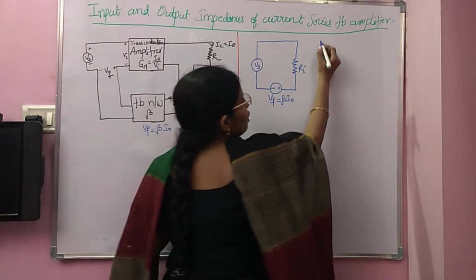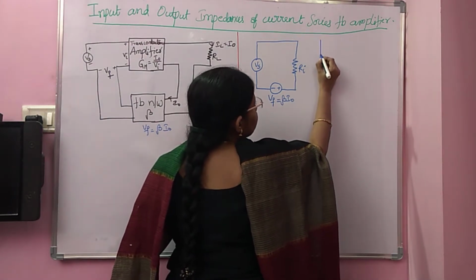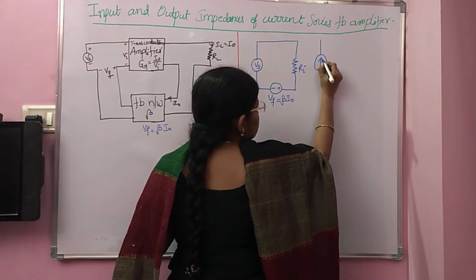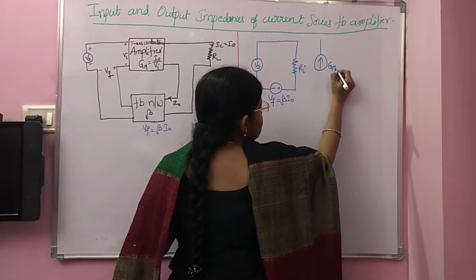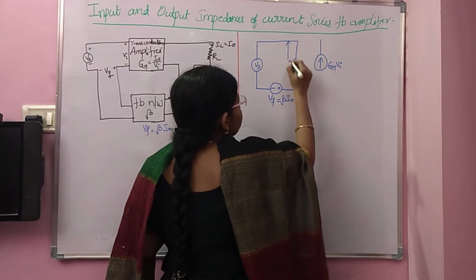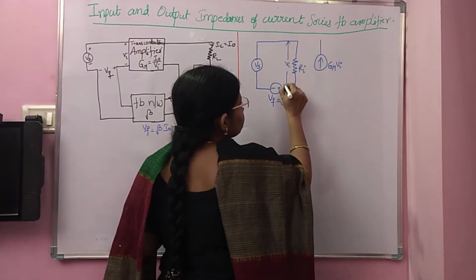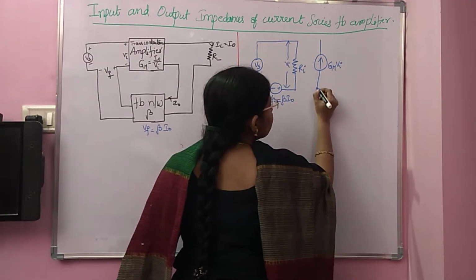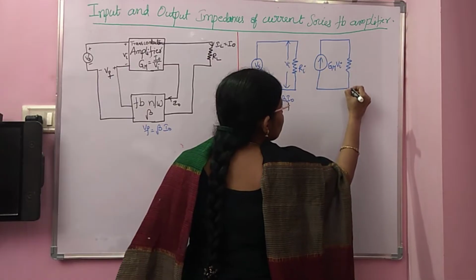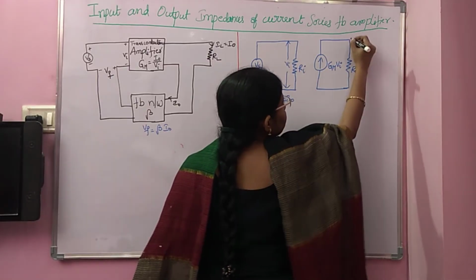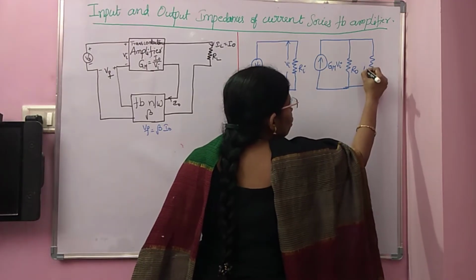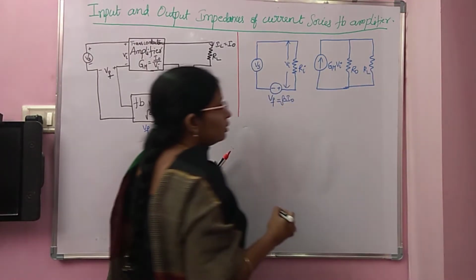Then what about the output side? Output is current sampling. So you have a current source, that is GmVi. What is Vi here? This is your Vi. Okay, GmVi. In shunt, you have the output resistance R0, and in shunt, you have the load resistor RL.